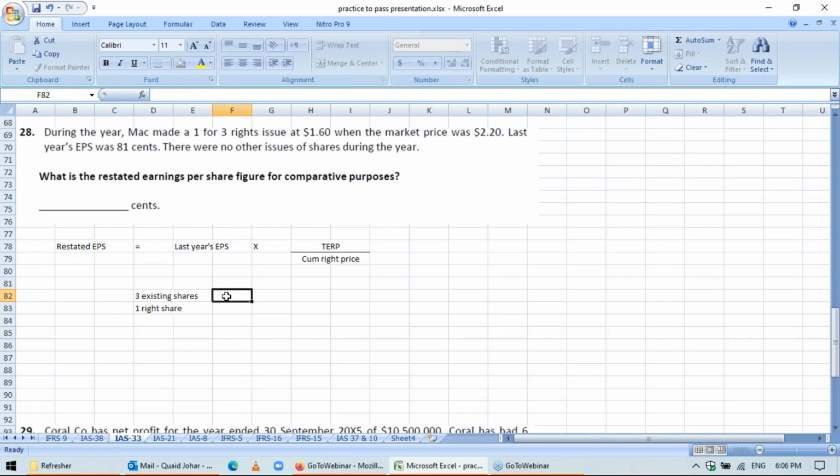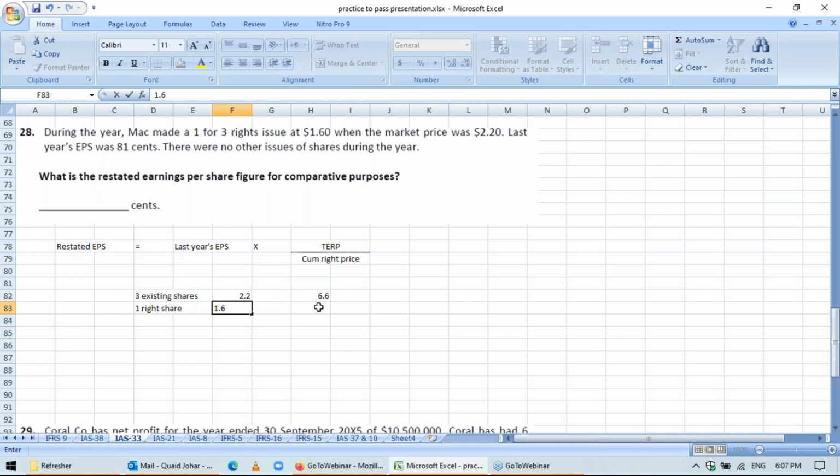Now for the theoretical ex-right price, you need to know the market price before the right issue. The market price before the right issue was 2.2. So you need to multiply 3 with the market price before the right issue, right? And then the right issue took place and the right issue price was 1.6.